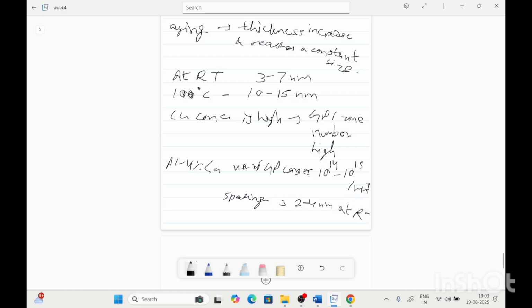Because of this high copper percent, the number of GP zones is very high and the spacing between them is also very small.